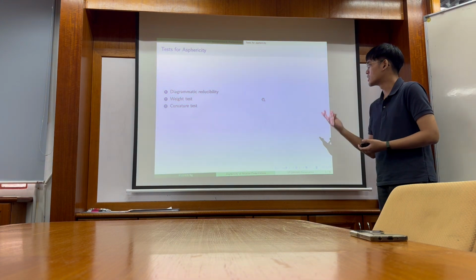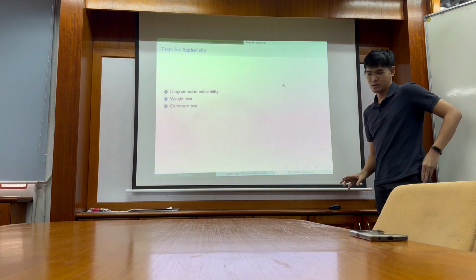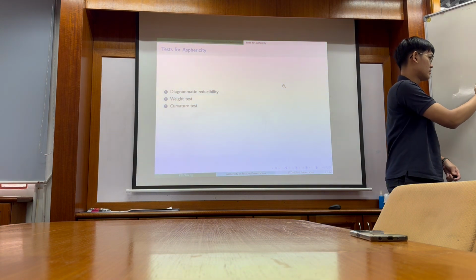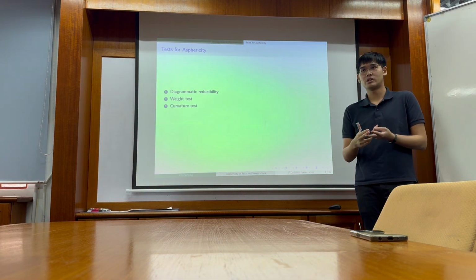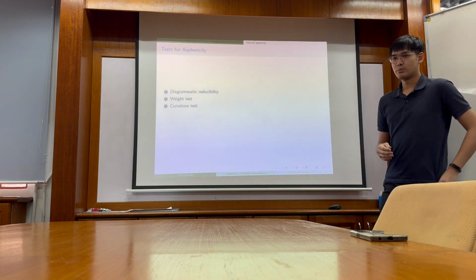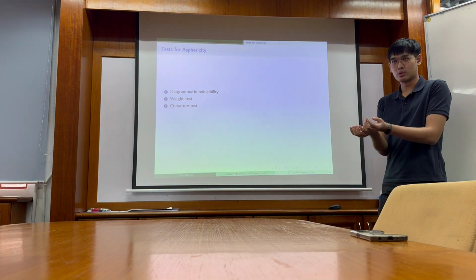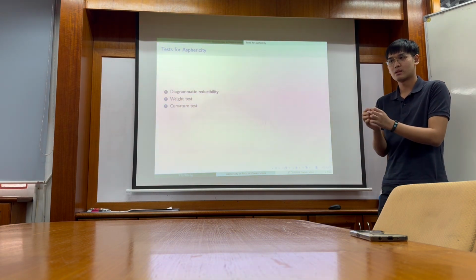The last one is the curvature test. So suppose that we have a connected, spherical, non-trivial and reduced picture, and then we fold the picture out into a 2-sphere, such that the picture tessellates a 2-sphere.